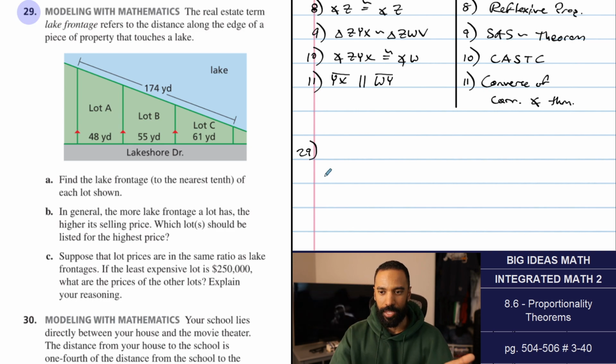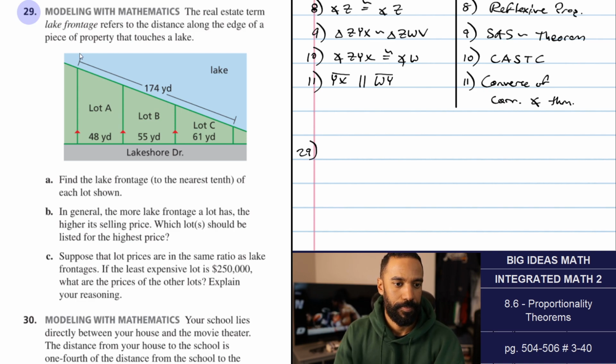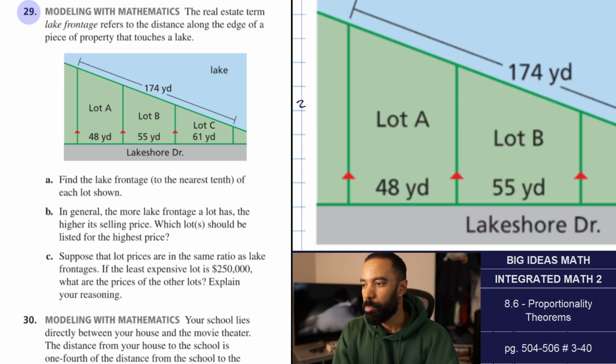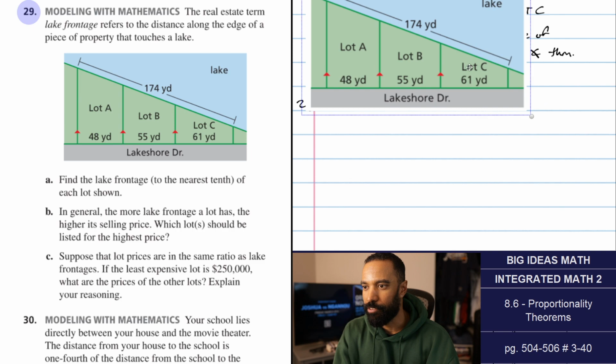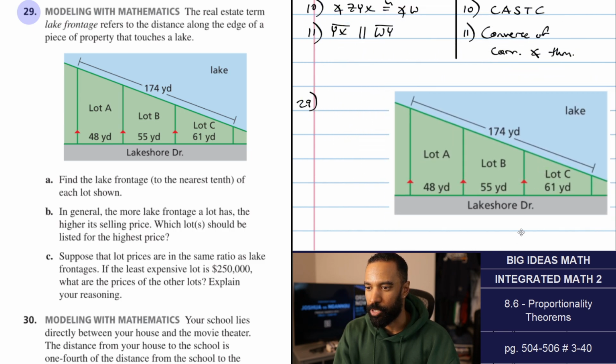Here's what I'm thinking. I'm going to copy this over. There's a proportionality involved because of the parallel lines. We might understand that much, hopefully.